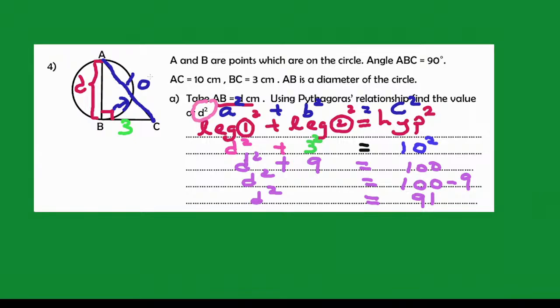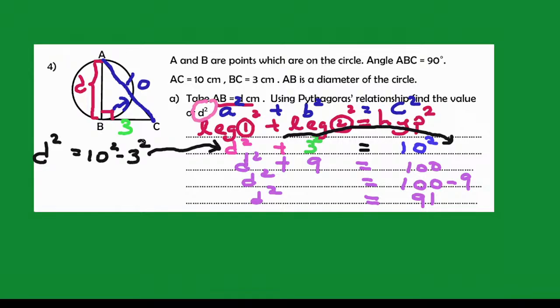But some of the students make a mistake in this step. So let me show the mistake that you'll make. Some of you would have written d squared is equal to 10 squared, and you would have put the plus 3 squared to the other side and written it as minus 3 squared.